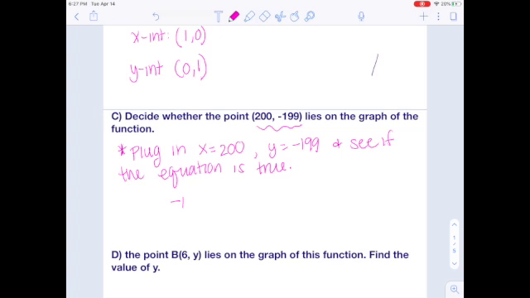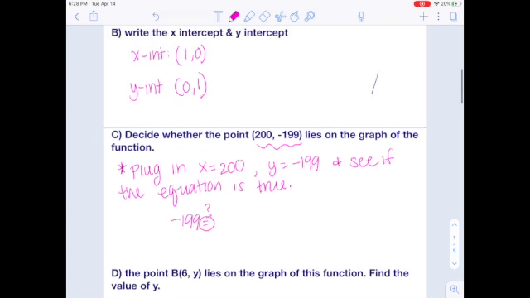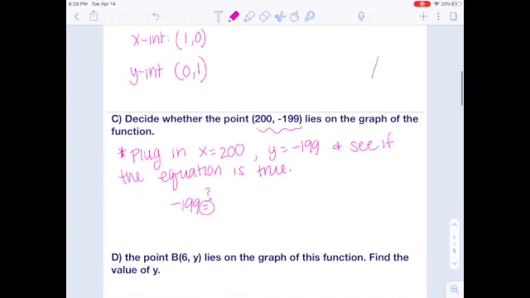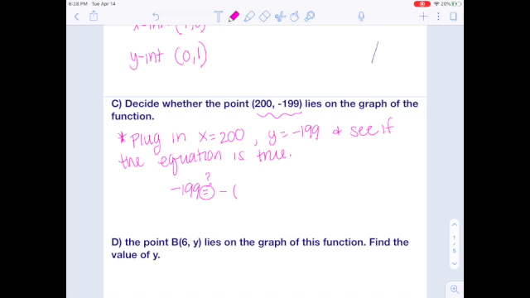So plug it in. Does negative 199 equal, question mark, since we don't know if they're equal, negative 200, because there's a negative in our function, so negative times 200, plus 1?